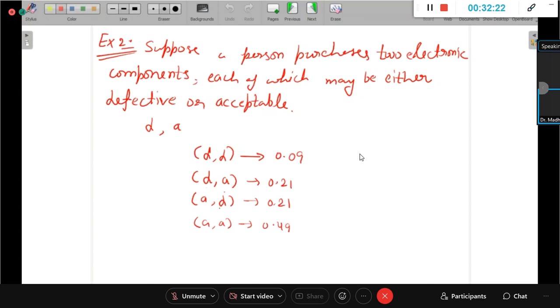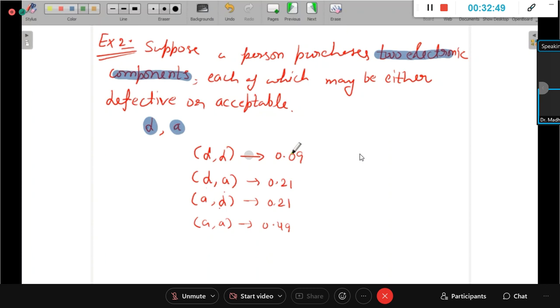Okay, now let's take another example. Suppose a person purchases 2 electronic components, each of which may be either defective or acceptable. Let's define D as the defective and A as the acceptable component.